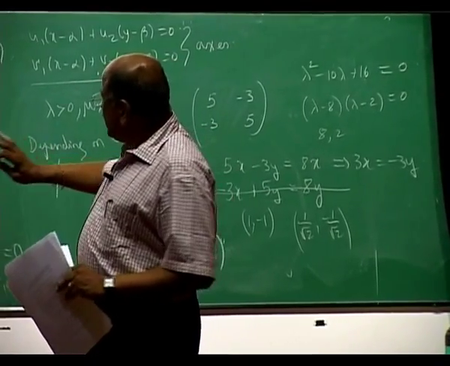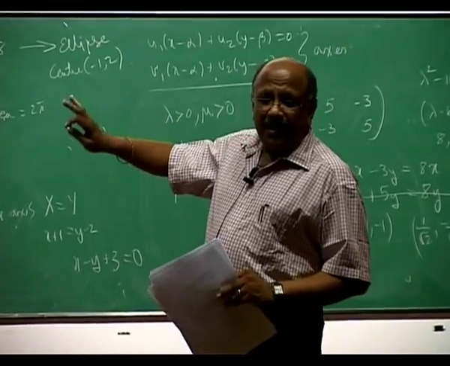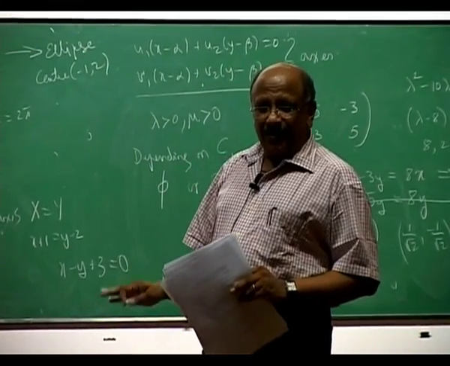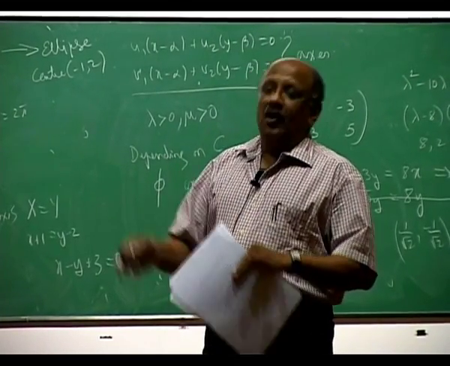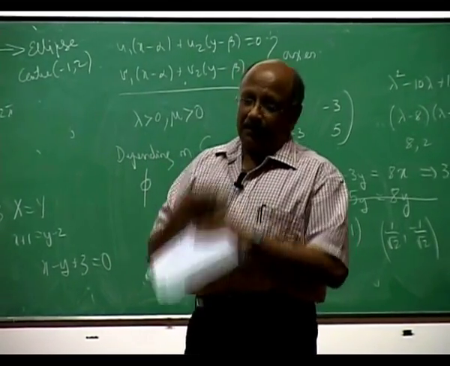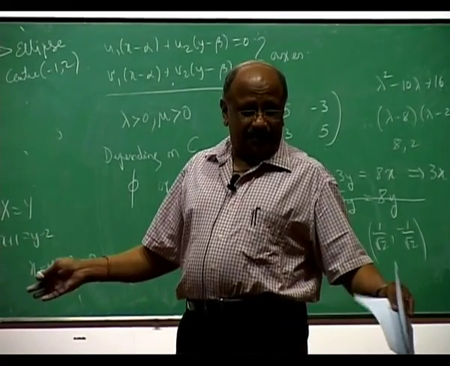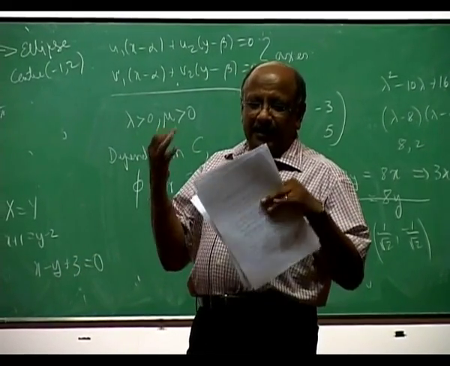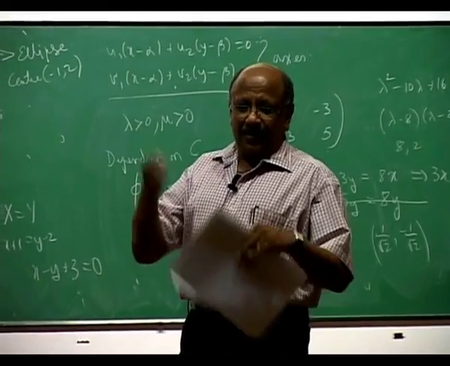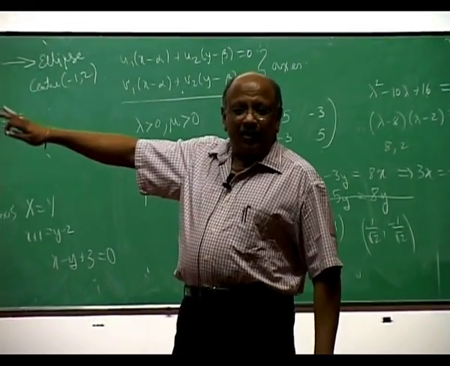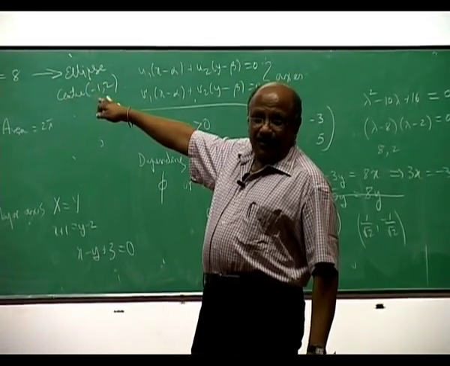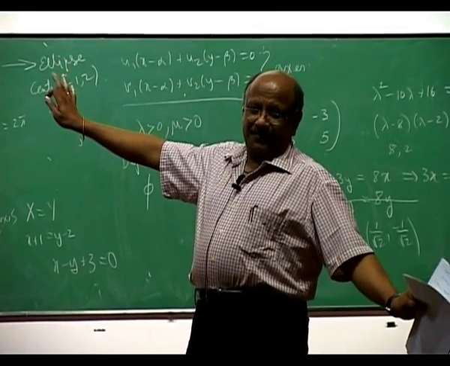If AB minus h square equals 0 and delta equals 0, then you will get a pair of straight lines which are parallel or coincident or empty. So that set will either be empty or parallel or coincident. If AB minus h square equal to 0 and delta is not 0, then you will get a parabola.